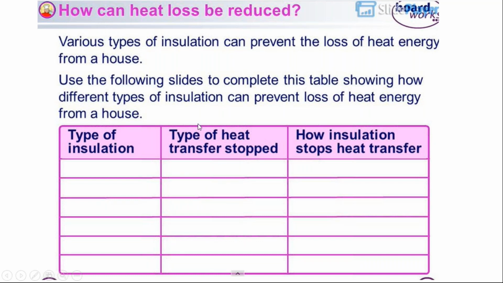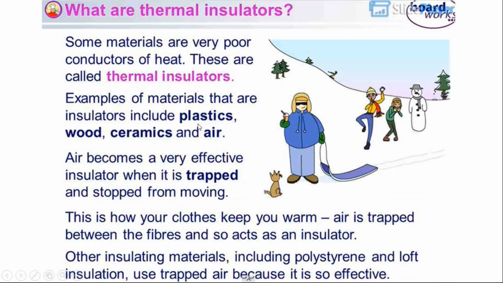First of all, we should find good materials that help us prevent the transfer of heat energy from our house. You already know that conduction cannot happen, or can happen only slowly, in thermal insulators. Thermal insulators can be plastics, wood, ceramics, and also air.